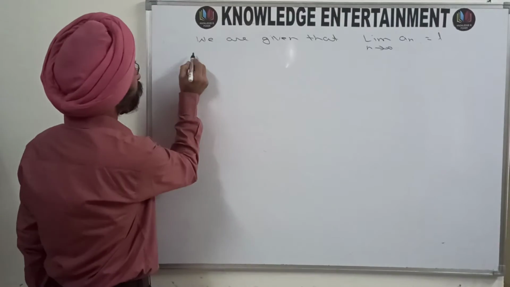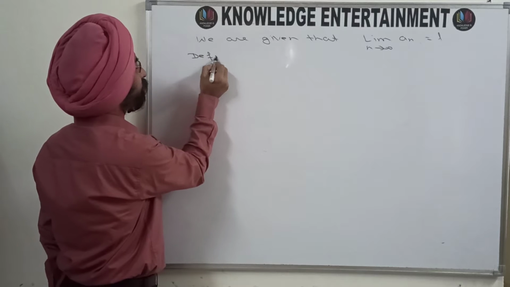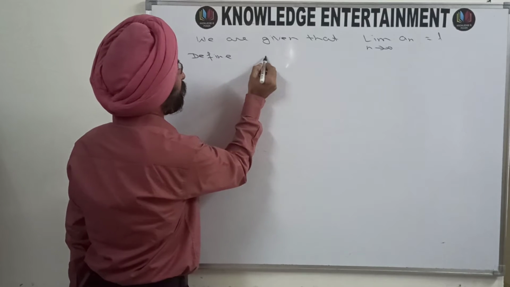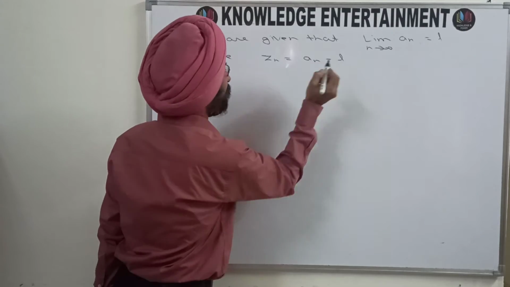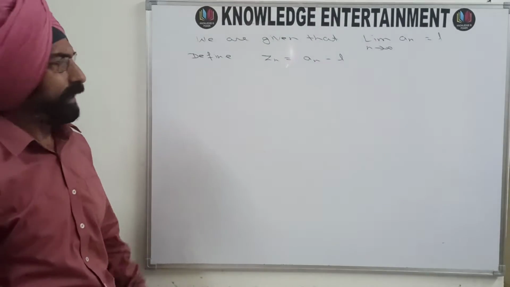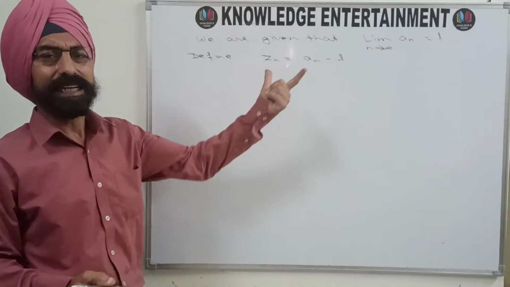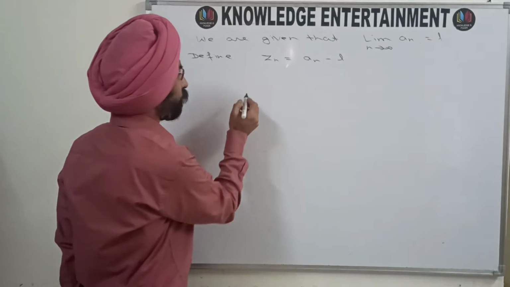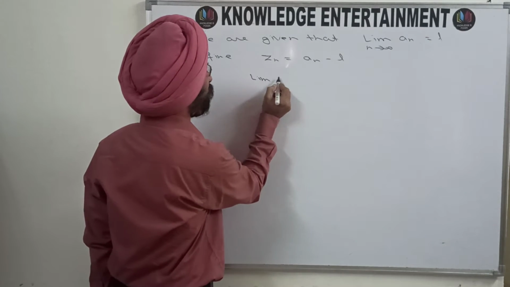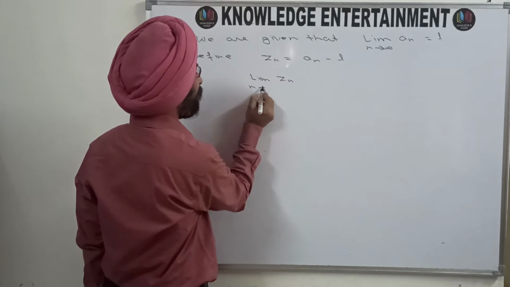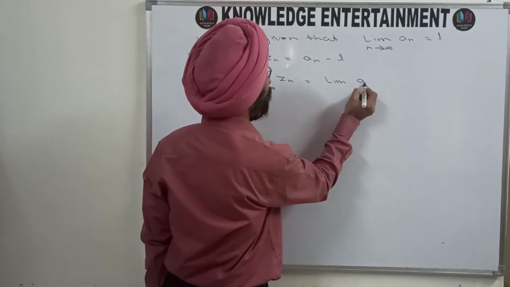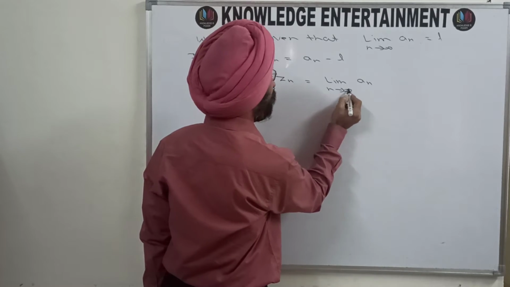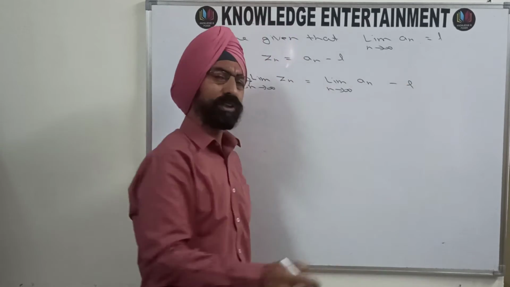Now define some sequence Zn as an minus L. Define this new sequence and take limit on both sides as n approaches infinity. So that means limit of Zn as n approaches infinity is the same as limit of an as n approaches infinity minus L, as L is a constant.